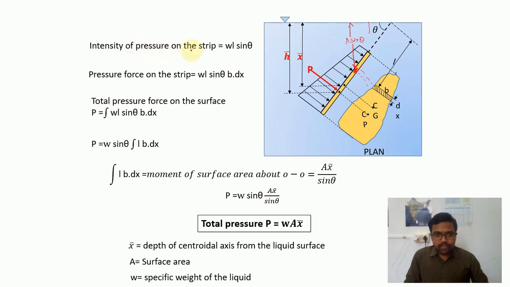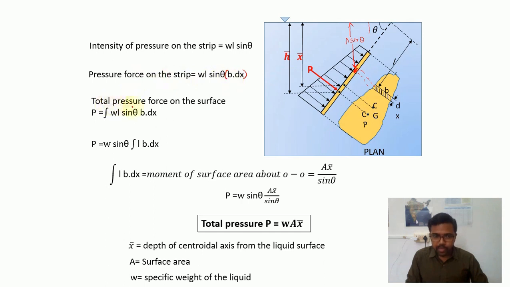So the intensity of pressure will be wh, where h is L sine theta, so wL sine theta. The pressure force is pressure into area. B into dx is the area of the strip, so pressure into area is the pressure force.